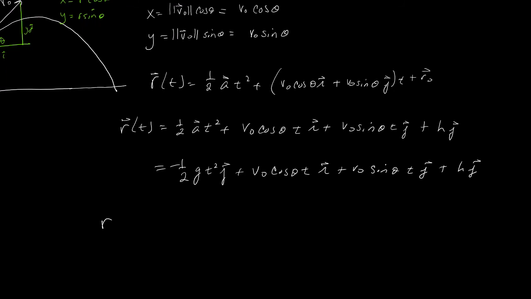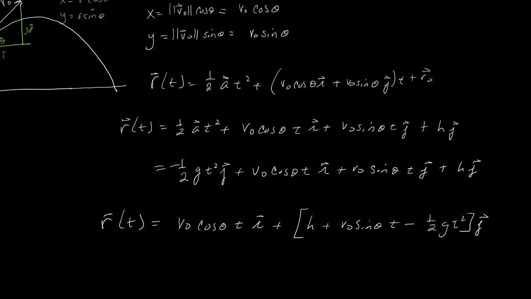And so what we get is that r of t is equal to v naught cosine of theta times t in the i direction, plus h plus v naught sine theta t minus 1/2 g t squared in the j direction.